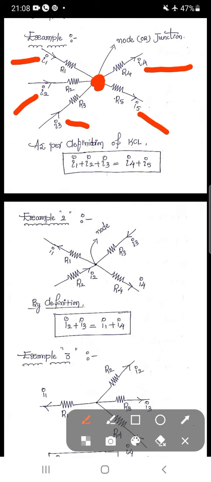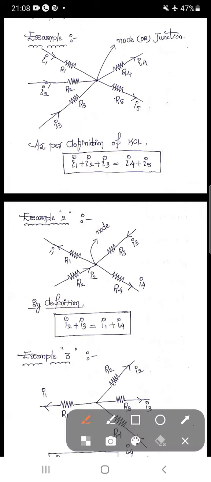For this junction point, these many branches are connected and individual currents are flowing. Now our target is to identify how many currents are incoming to this junction point or node point, and how many currents are outgoing from it.